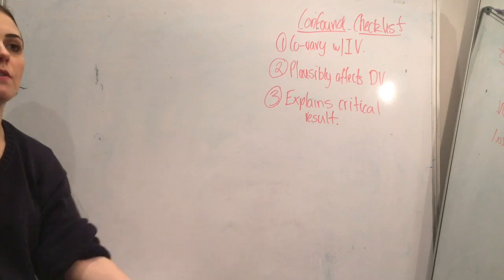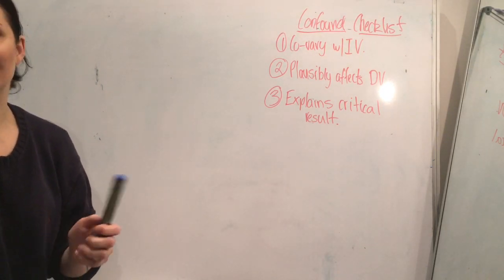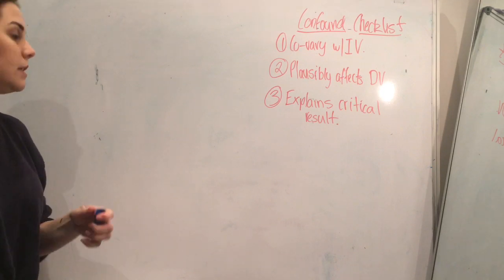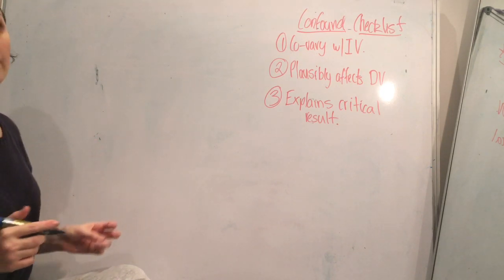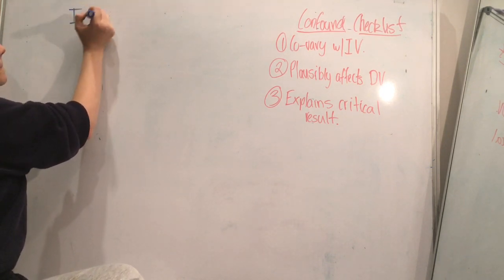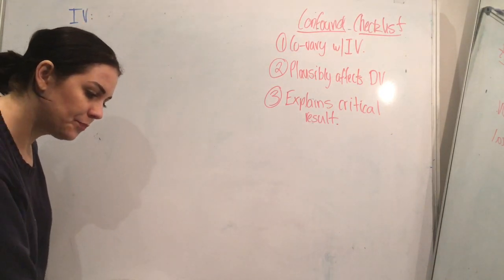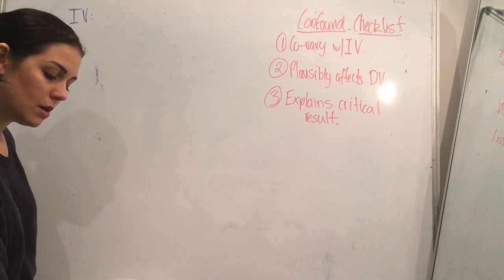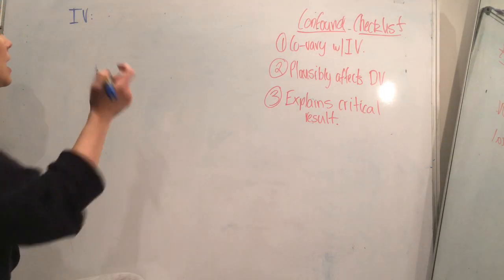So the first thing I want to do if I'm thinking about confounds is I want to know what my study actually is, the properties of my study. So the first thing I would do is figure out what my independent variable is. My IV would be, I guess, how the assignment is written, whether it's handwritten or typed.